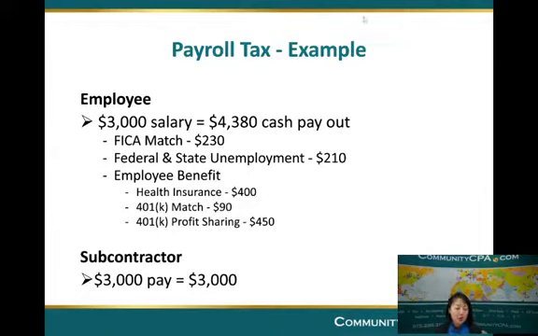If your company also provides employment benefits, you are talking about health insurance match and 401k match. So those numbers add up. That's why the cost is always more. But for a subcontractor, whatever you're supposed to pay them, that's what they will get.